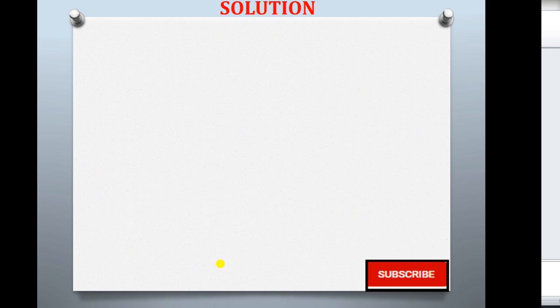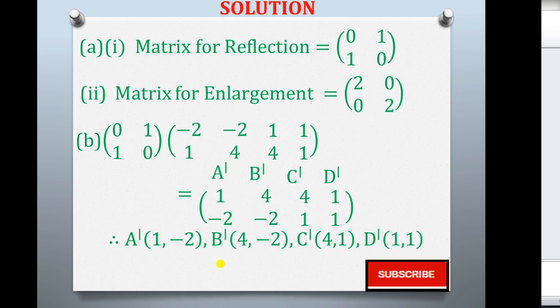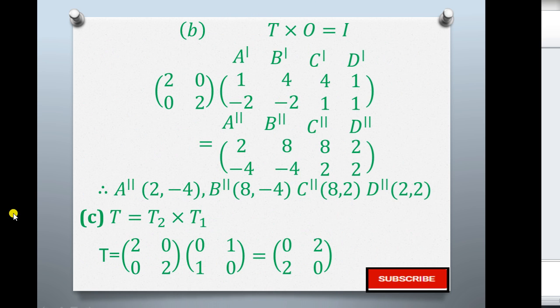Here we simply say our overall transformation matrix is going to be the second transformation matrix, which was obtained from enlargement, multiplied by the first transformation matrix, which was obtained from reflection. Please, the order has to be respected. You have to begin with the second transformation matrix, T2, multiplied by the first transformation matrix.